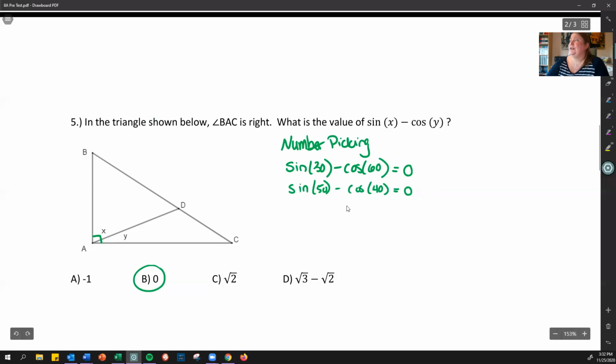Let me show you the shortcut, even though we already have it answered. There is a theorem in trigonometry that says this: the sine of an angle is equal to the cosine of its complement.